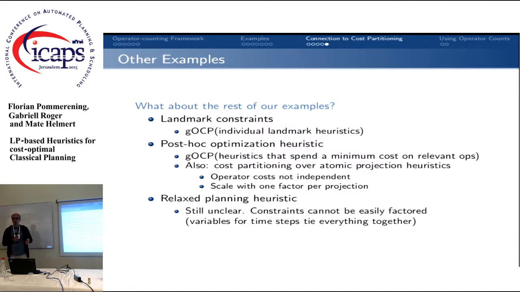And this cost partitioning here is optimal under certain additional restrictions, namely the costs in each of the projections aren't scaled completely independently, but instead there is one factor for each projection, and the costs of all operators are multiplied by that factor. So for example, if you consider the first variable, every operator just costs 1/2 of its original cost.